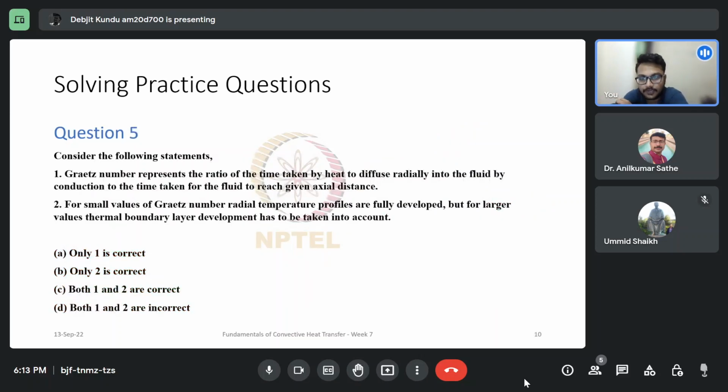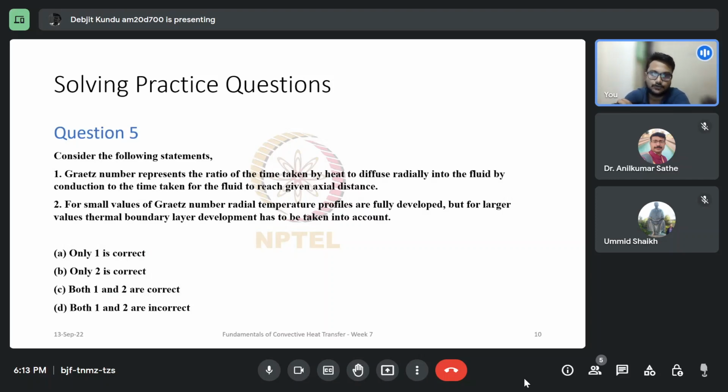So very quickly moving on to question number 5 of today's session. So consider the following statements. Statement 1 says Graetz number represents the ratio of the time taken by heat to diffuse radially into the fluid by conduction to the time taken for fluid to reach a given axial distance.